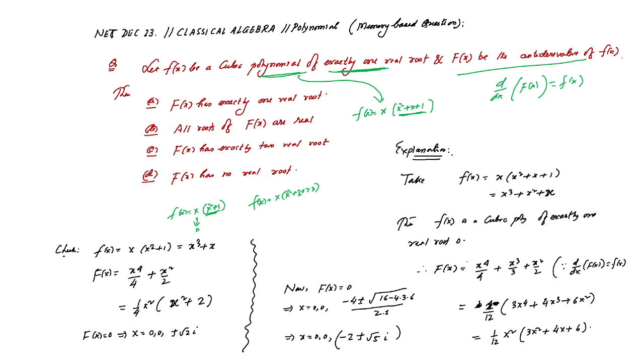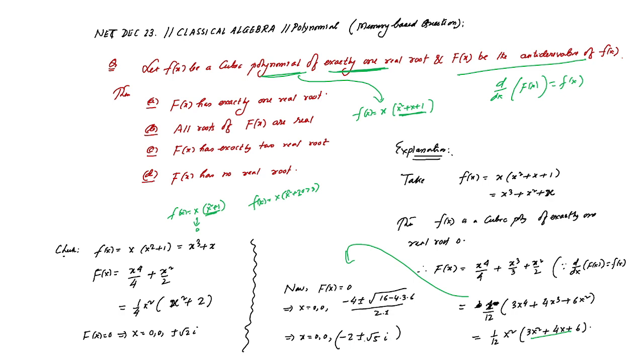Now, calculate capital F(x). That will be x to the power 4 by 4, plus x cube by 3, plus x square by 2, that is, 1 by 12 into x square times a quadratic. So what are the roots of capital F(x) equals 0? The roots are 0, 0, and minus 2 plus minus root 5 (over 5).